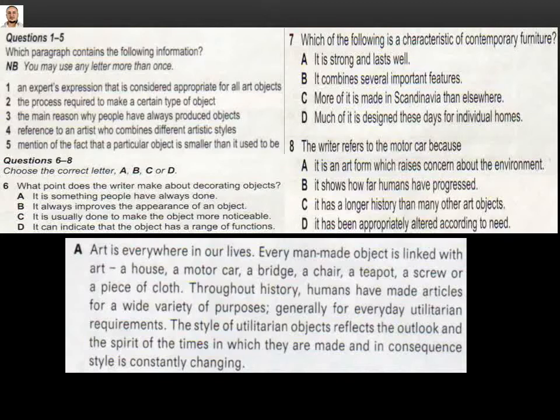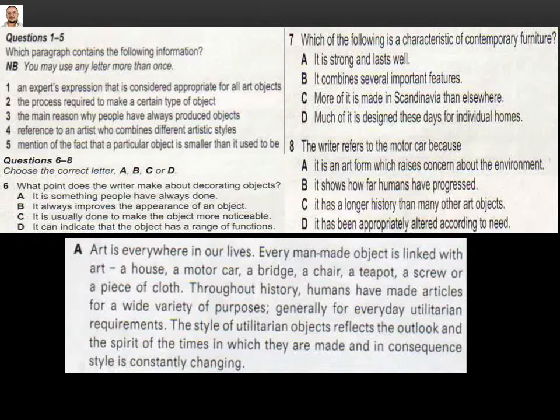The style of utilitarian objects reflects the outlook and the spirit of the times in which they are made, and in consequence the style is constantly changing. Let's come to the answers here.